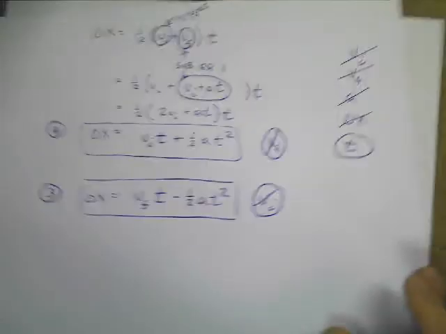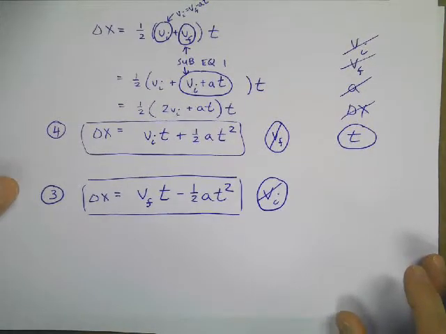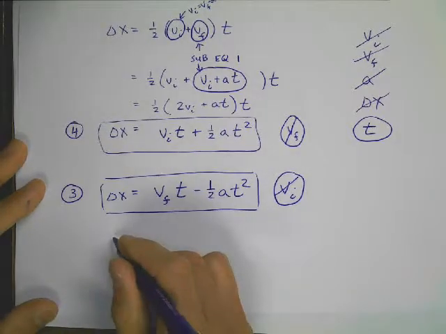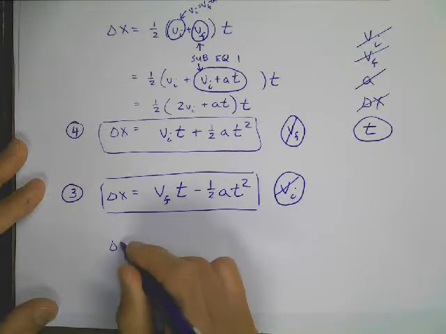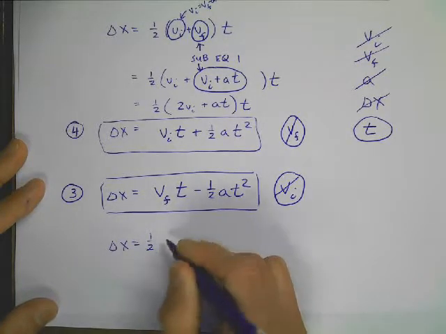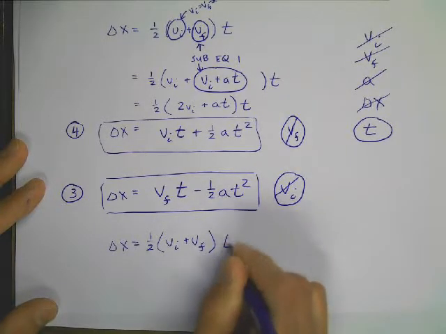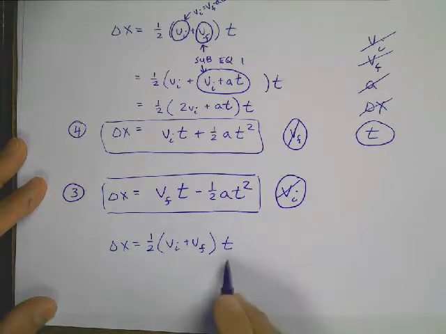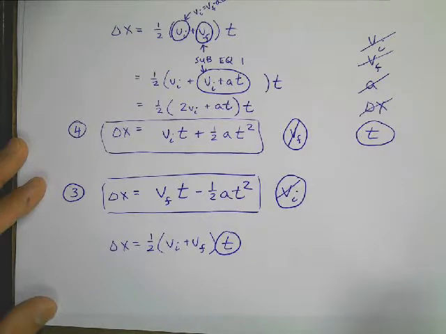The way that you get to that one is to hunt around for equations that involve time and substitute it out. So we know, for example, that delta x is equal to 1/2 times v initial plus v final times t. But what I want to do is pick another equation that I can use to get rid of t. I want to knock that out.